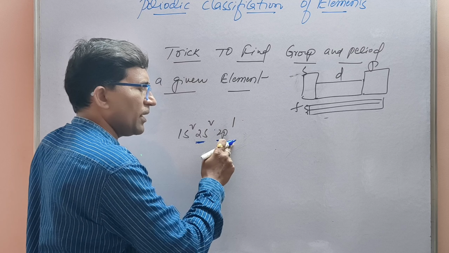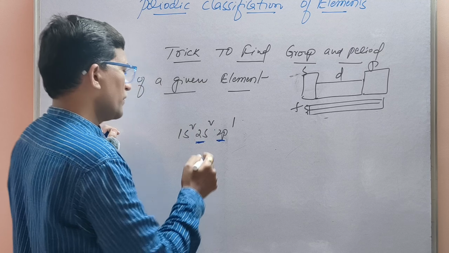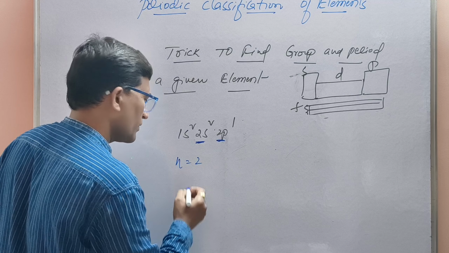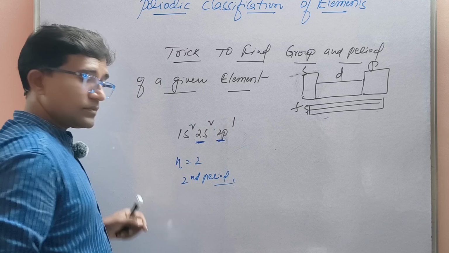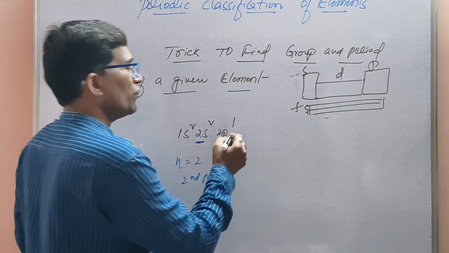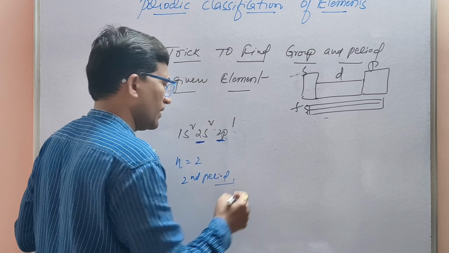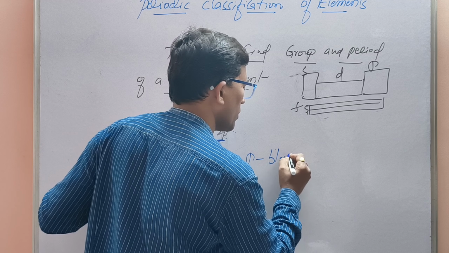The last electron is in the p orbital, and before the p orbital we have 2, that is n equal to 2, that is the second period. The element belongs to the second period, and the last electron is in the p orbital, so it belongs to the p block.